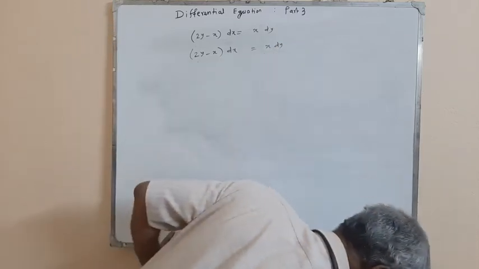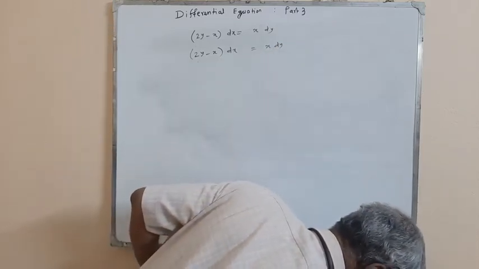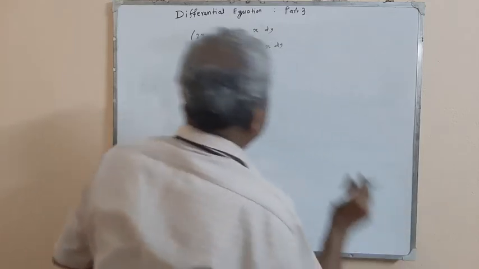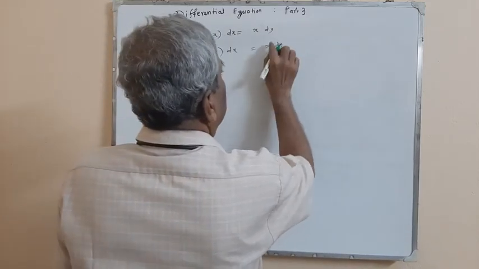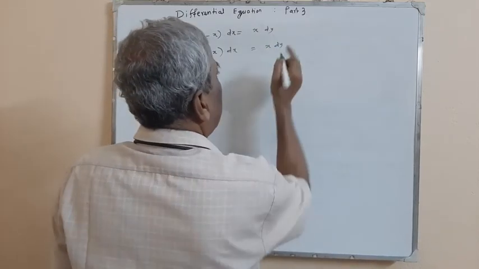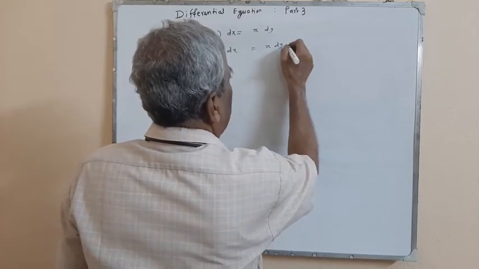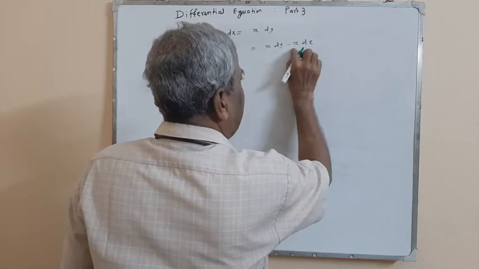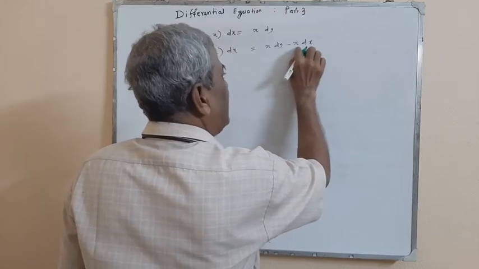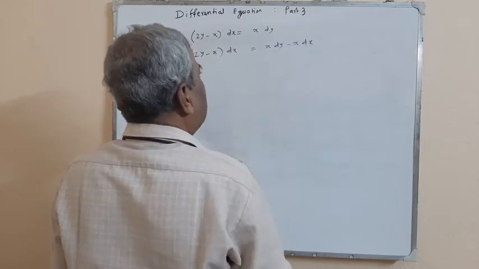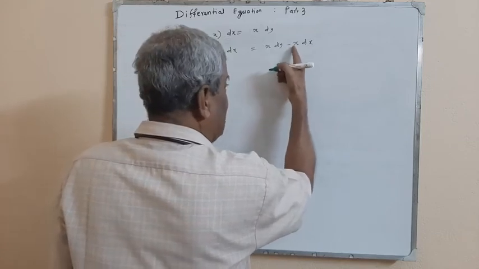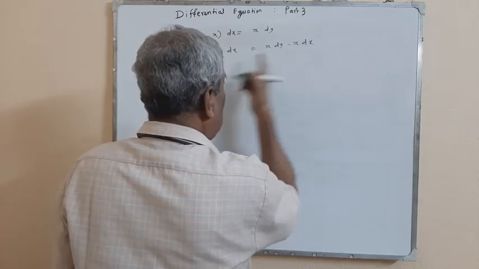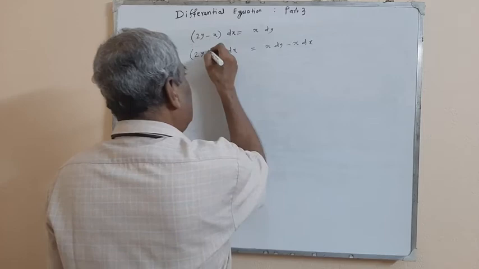Just 1 minute. x dy, it is given, write it, minus x dx also. I have taken it in excess, so we have to adjust it. Another x dx, minus x dx, is to be given on the left hand side.